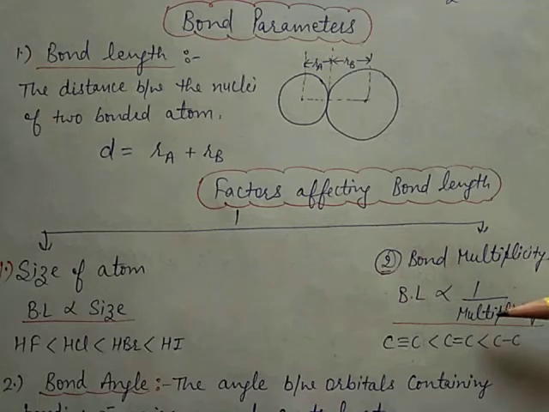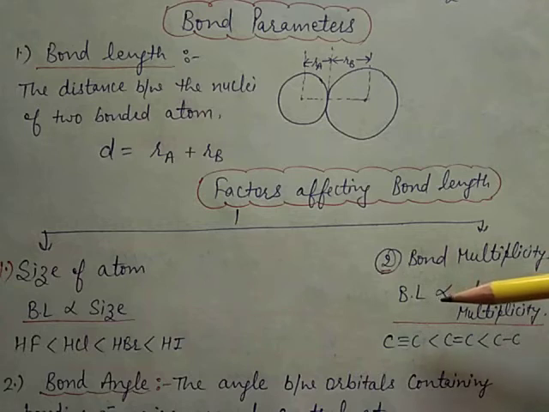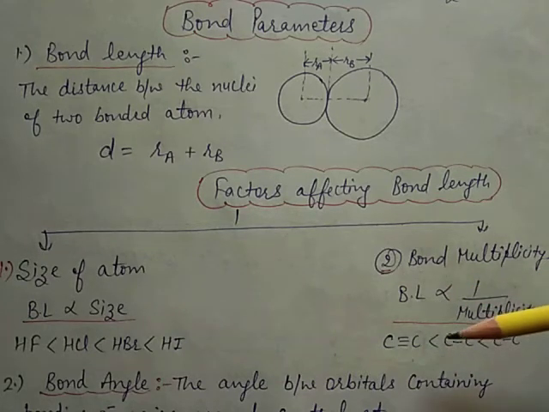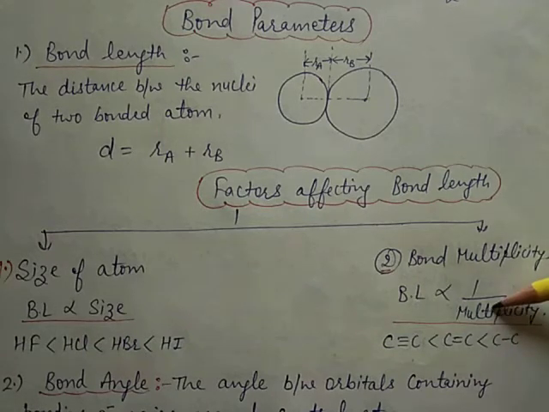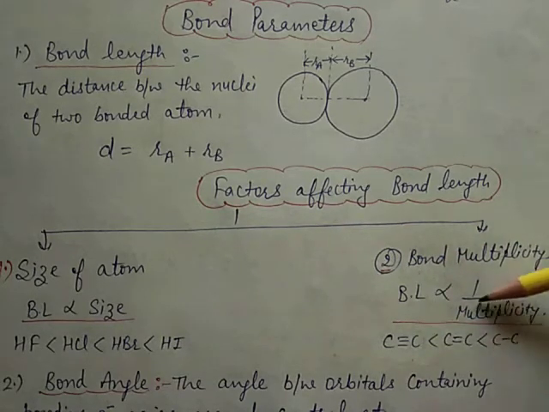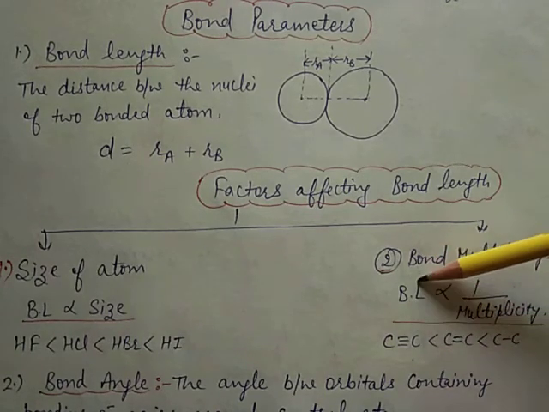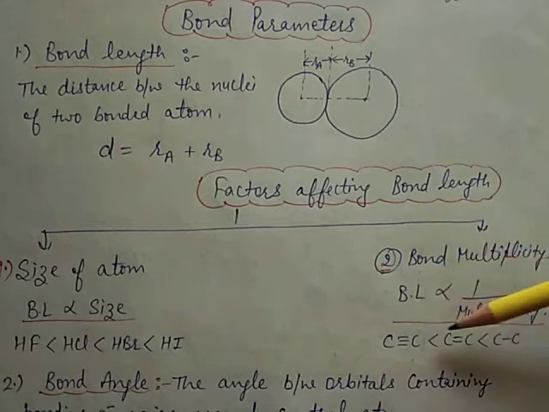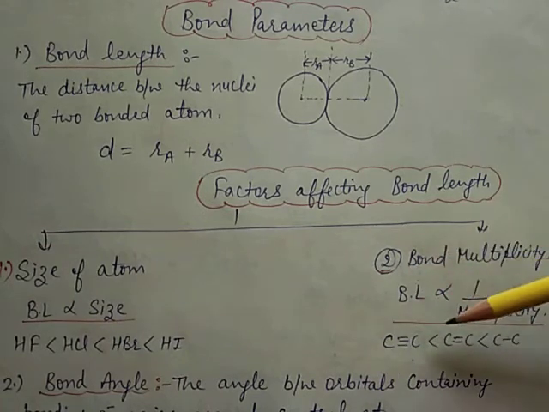Multiplicity means double bond, triple bond; the bond multiplicity increases, and the bond length decreases. Suppose the carbon-carbon bond length: if the multiplicity is 1, a single bond, the bond length is more. If the multiplicity is 2, the bond length is less. A triple bond has an even smaller bond length.